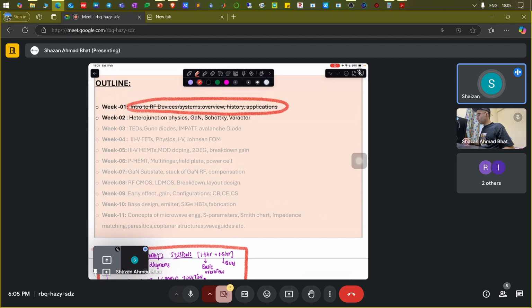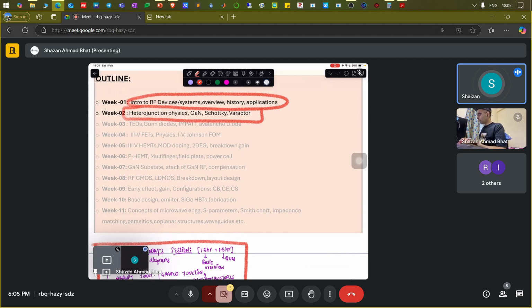Now you're going to get more involved in the physics aspect of it. You're going to study what those devices are, how you can understand the energy band diagram and the band structures, and the more in-depth physics of it.